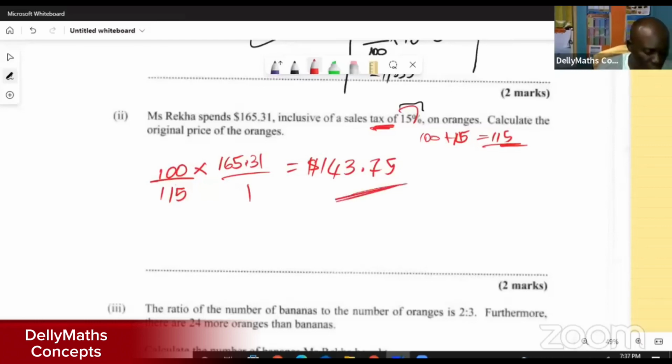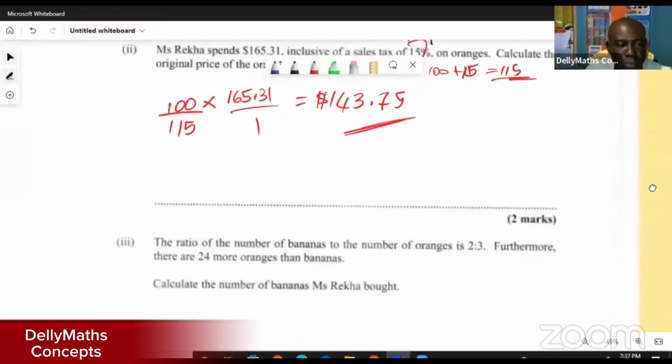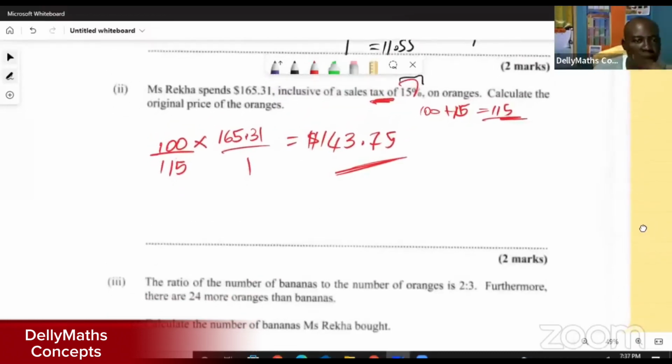Because it's money, I got 74.7, so I round that off to 75. All right, so we're looking at 143.75 there.